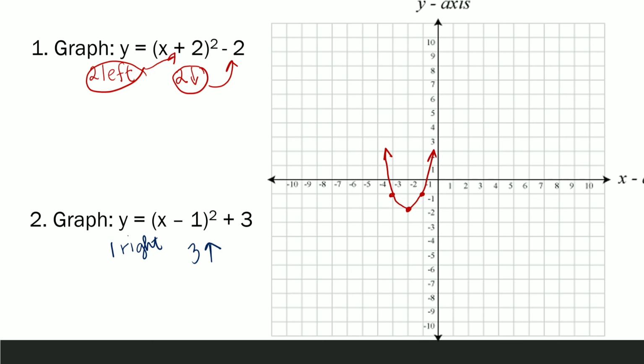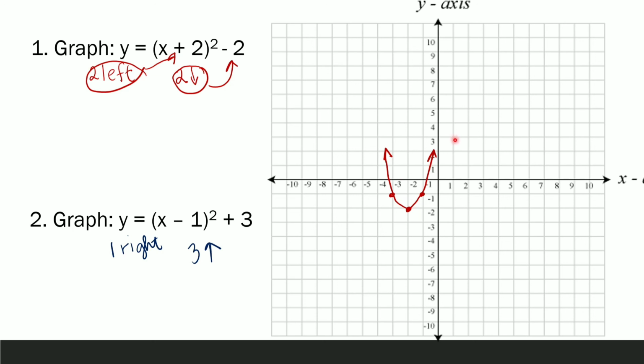So, 3 units upward. Again, ang reference natin yung origin. Nasa origin yung vertex ng y equals x squared. 1 unit to the right. So, kung nandito original yung ating parabola, y equals x squared, in this case, sa number 2, 1 unit to the right and 3 units up. 1, 2, 3. So, nandito na ngayon yung vertex.